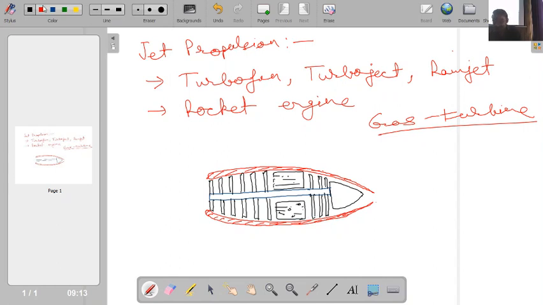If I tell you, this is the compressor section of a gas turbine.